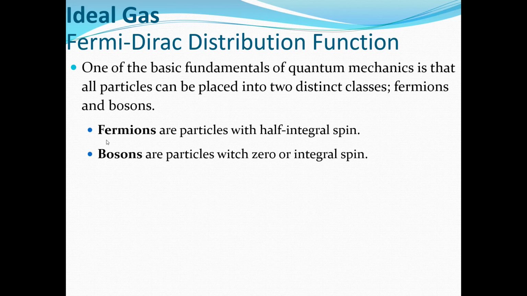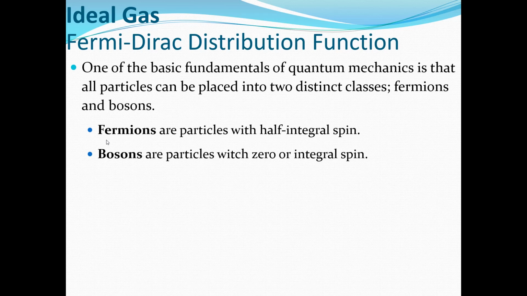So when we're in the classical regime, it doesn't matter whether a gas is made up of fermions or bosons, because each particle has so much energy that they can be in whatever orbital they want, that we don't have to make a distinction about what type of particle it is.